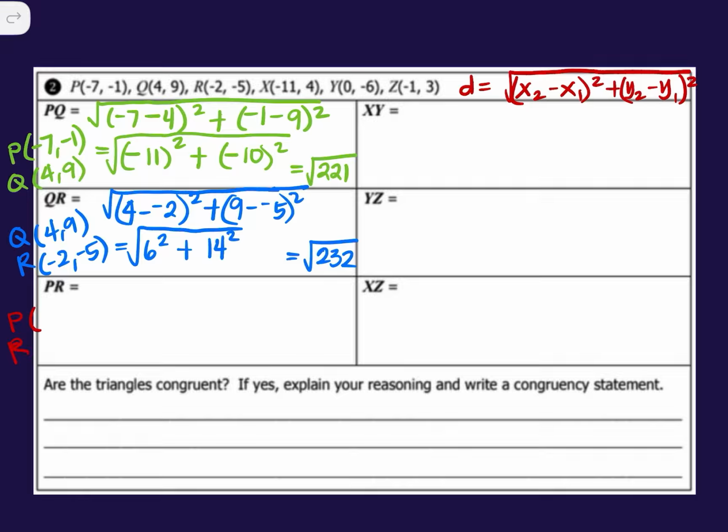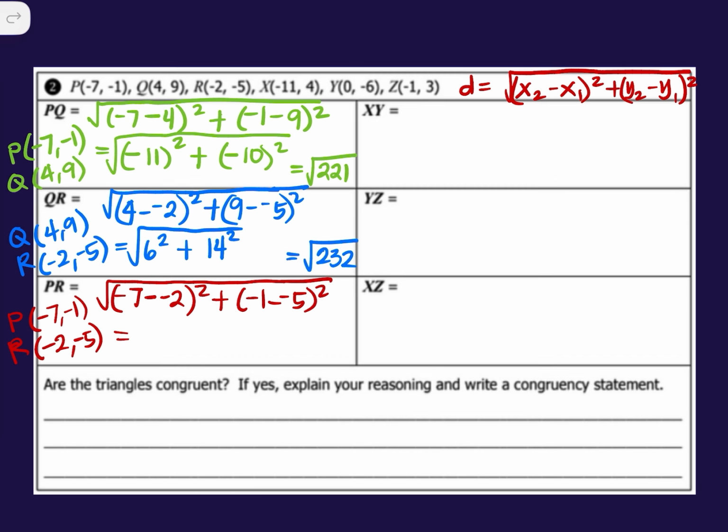Now moving on to the next one, this time we've got P and R. So P with -7 and -1, R with -2 and -5. My x values are -7 minus -2, and my y values, top minus the bottom, so I have -1 minus -5, to the second power, which will give me -5 to the second power plus 4 to the second power.